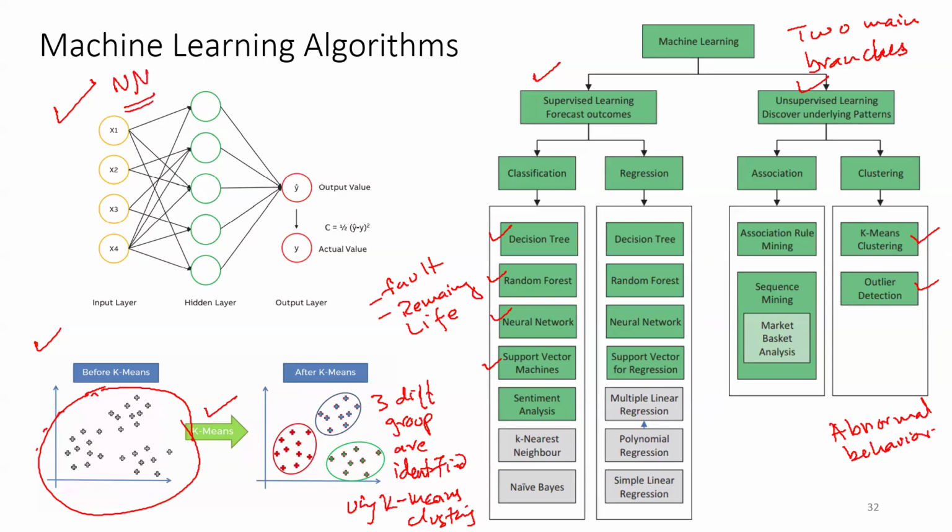It shows that it has four inputs, four sensor inputs: x1, x2, x3, and x4. They send the data to the hidden layer, and then we have a prediction output layer. This is predicting some value, and this is the foundation of many predictive analytic systems where multiple sensors contribute to a final decision.